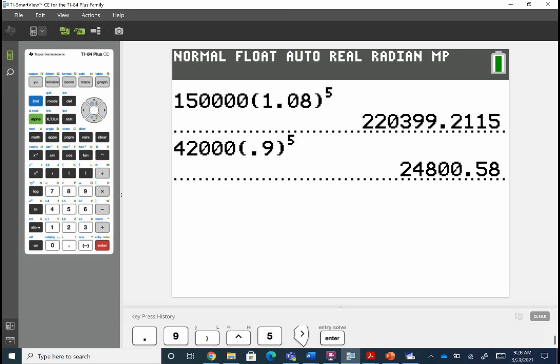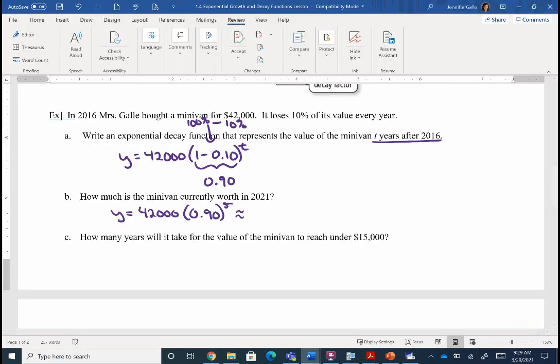So my minivan that I paid $42,000 for 5 years ago is now only worth $24,800.58. Isn't that crazy how fast things lose their value? All right, so dollar sign for my label, $24,800.58.